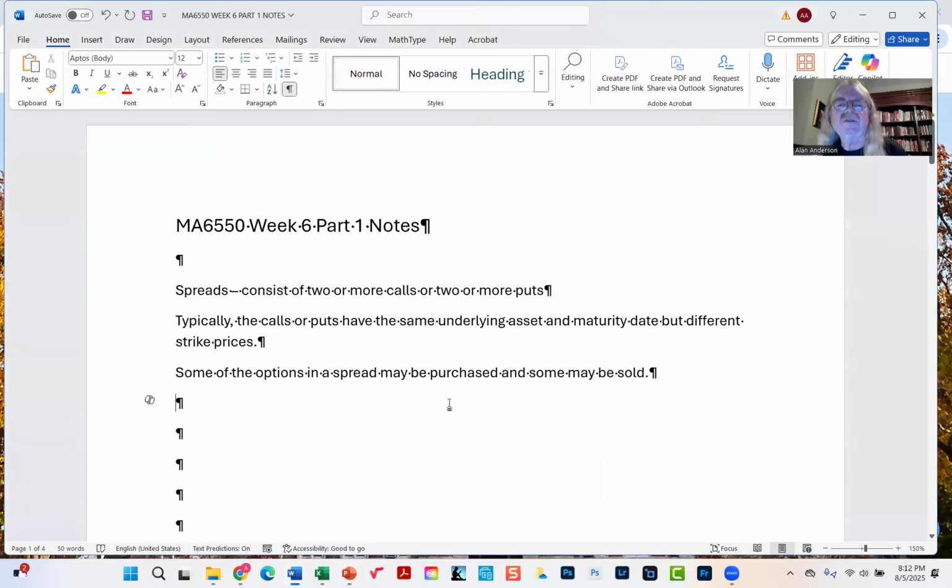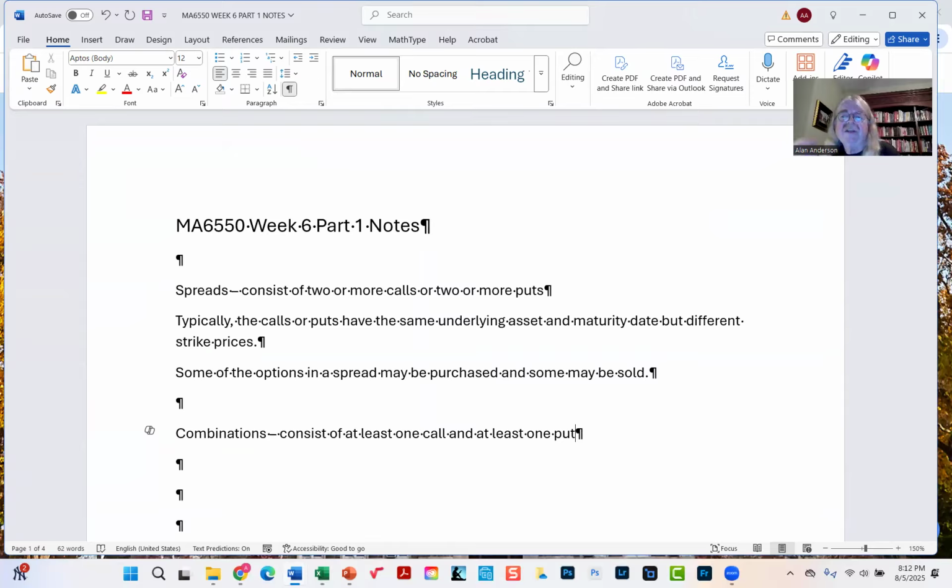Oh, I almost forgot to mention combinations. Combinations consist of at least one call and at least one put. Again, they typically will have different strike prices, although they don't have to, because it's a call and a put here.